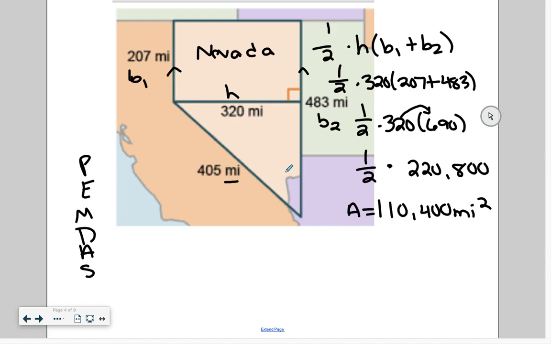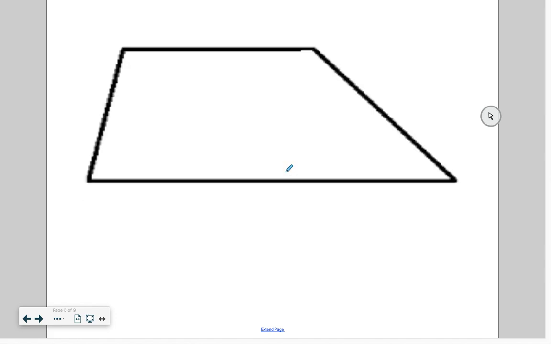All right, let's go to the next example. It wouldn't be me if I didn't take it one step further. All right, so let me fill in our values here. This is going to be the height.